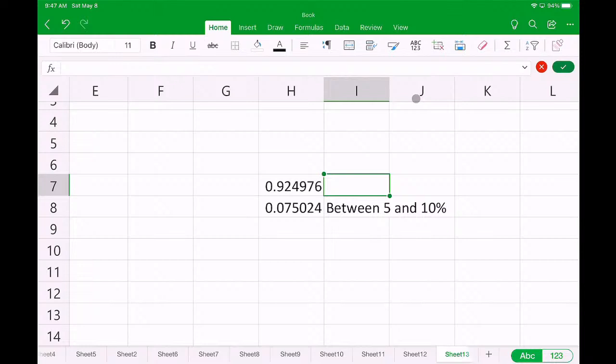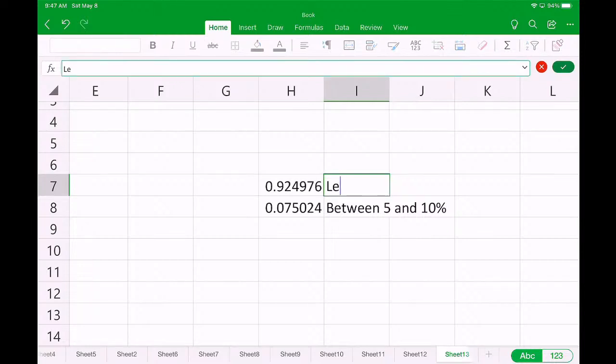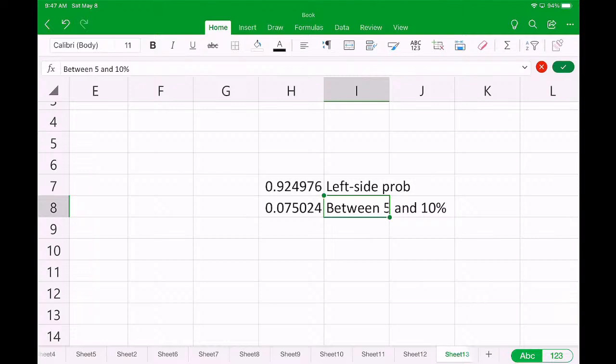Because this is cumulative, this is the left side, or the percentile. So you need to know what you're getting. So that would be the exact answer, 7.5%.